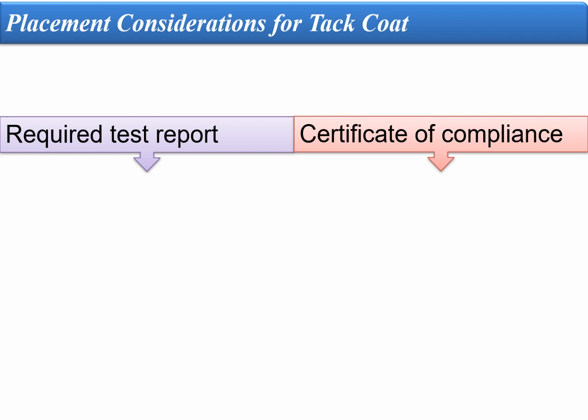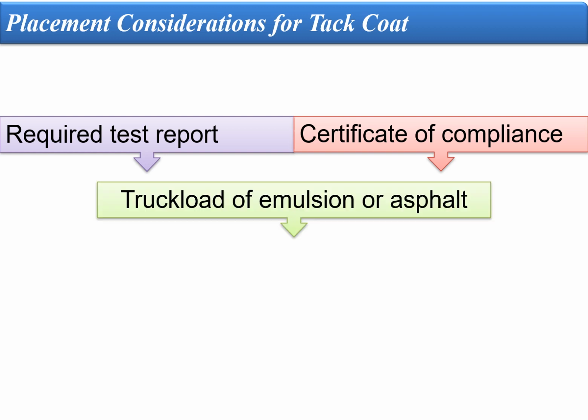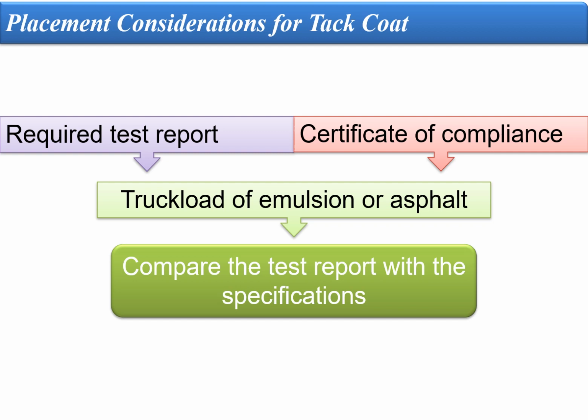That means it should be a rapid setting material rather than a slow setting material, the first point, because if you apply a slow setting material in tack coat, the material will not set, and if you lay the next bituminous course over a tack coat with slow setting material, it will always form a slippage plane.